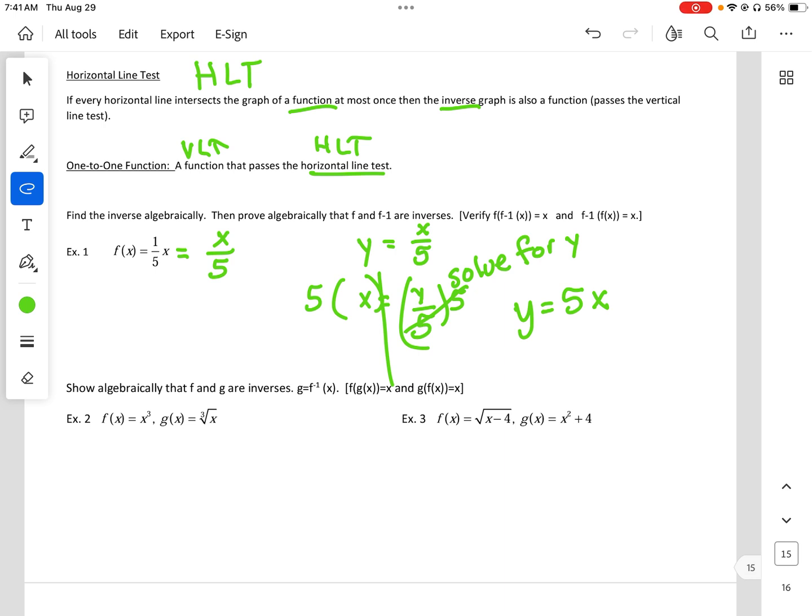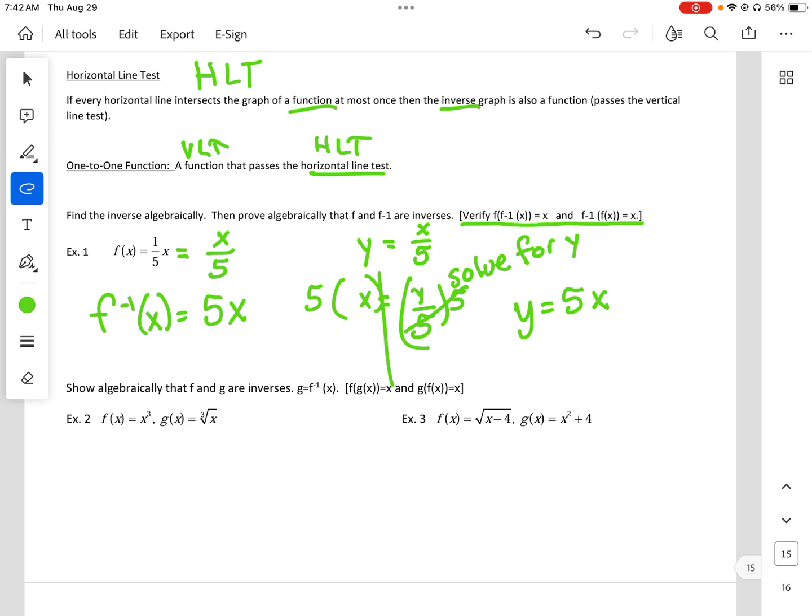The way we are going to write it is the inverse function. Let me write it so you can see it a little better. It is 5x. So these are inverse functions. What we want to do is verify this right here.